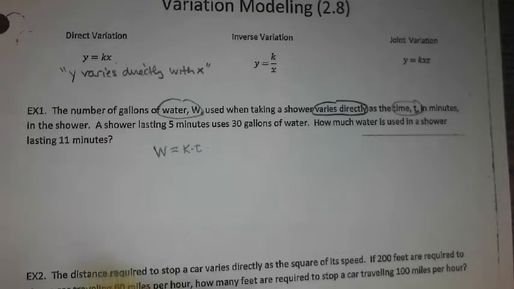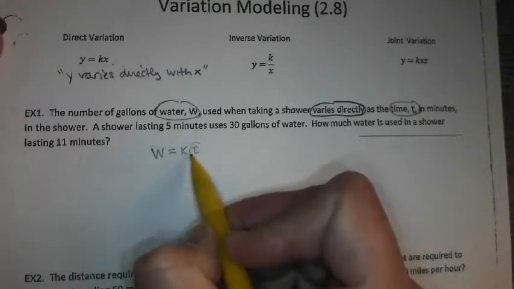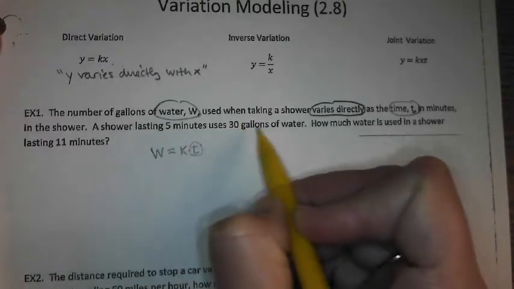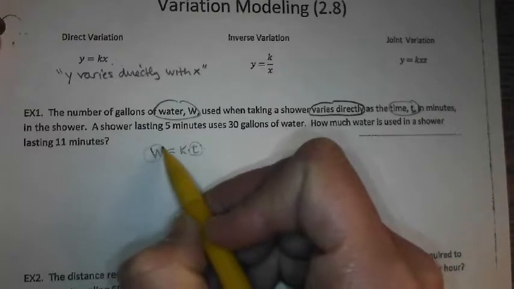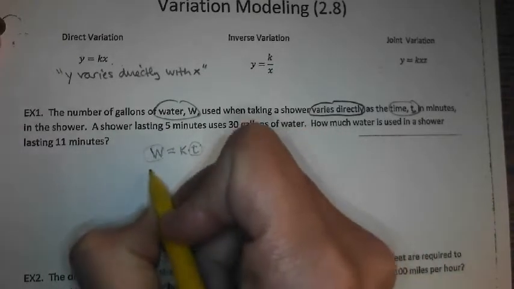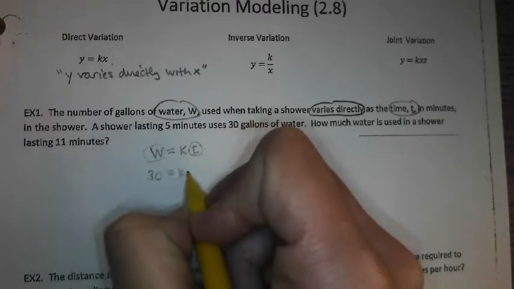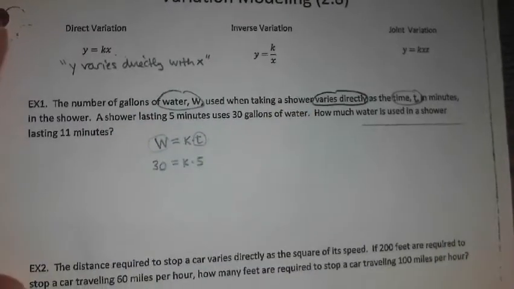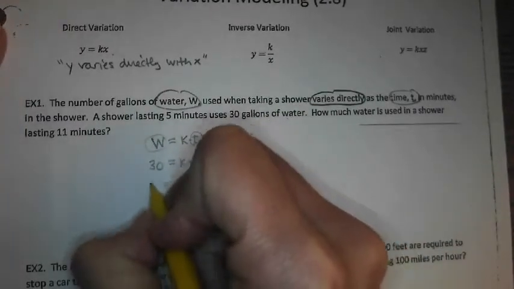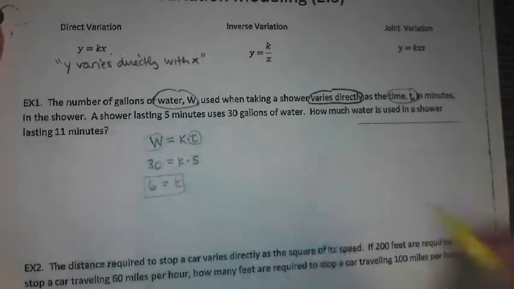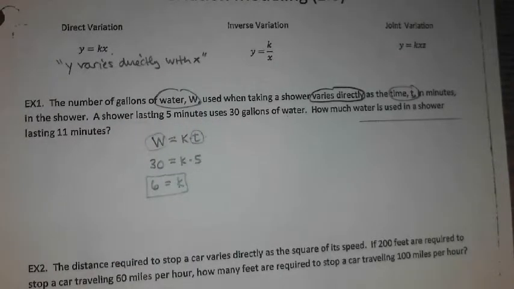This one says a shower lasting 5 minutes, so T is 5, uses 30 gallons of water, so W is 30. So 30 equals K times 5, and then K equals 6. That's your constant of variation for this entire problem.